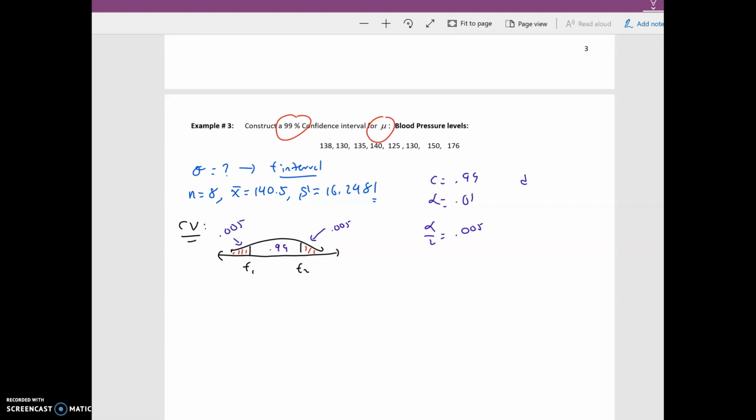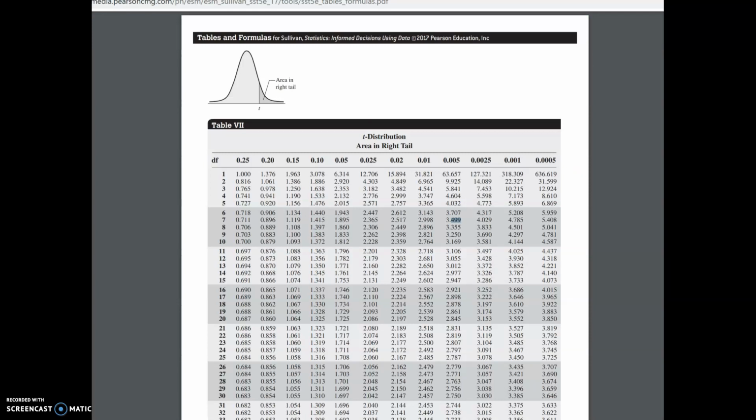Now, your degrees of freedom are equal to n minus 1. In this case, 8 minus 1, or a total of 7 degrees of freedom. So to find this critical value, you're looking at 7 degrees of freedom, area in one tail to be 0.005. So to identify this one, you're locating the t-table.